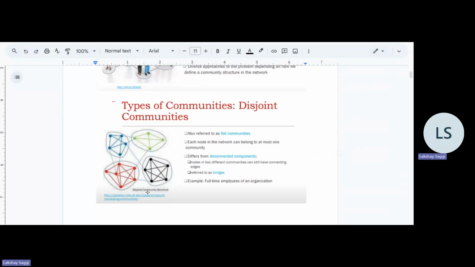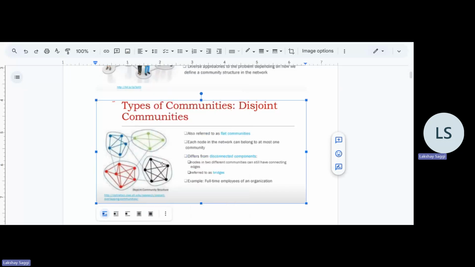Like here, this graph is a connected graph, but the blue vertices have formed one community, green vertices form another, red the third community, and black vertices the fourth community. So nodes in two different communities can still have connecting edges. It's not exactly like each community corresponds to just disconnected components.